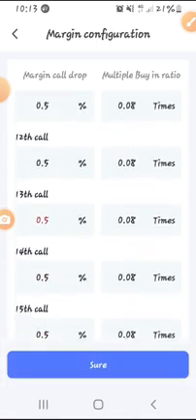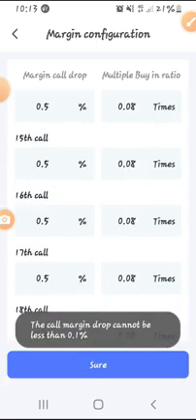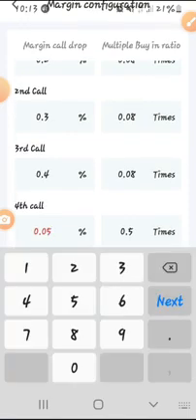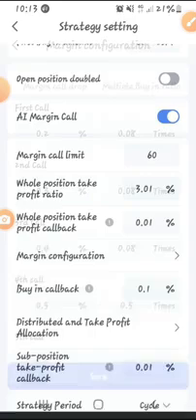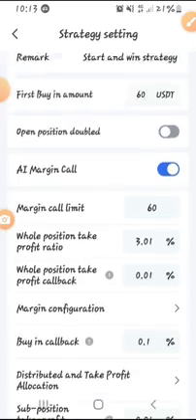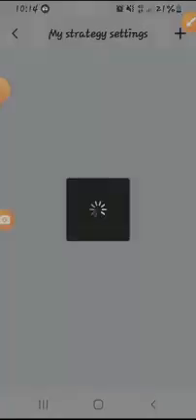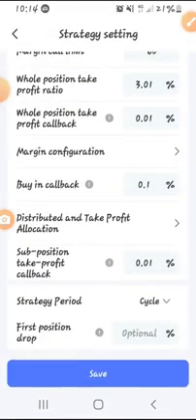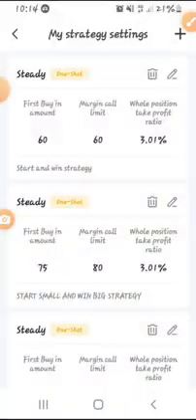Once you save this, there's no need to come back and change your first binary amount. It's as simple as that. Then you can save down here, and you will find your strategy when it has already been saved. So that's how you can manage it.